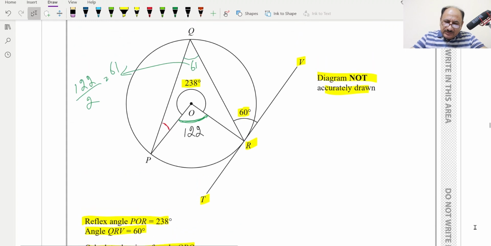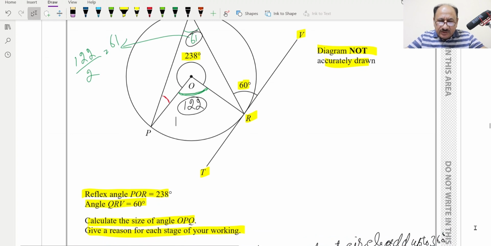Now this angle 61 is half of 122, or we can say 122 is double of that.